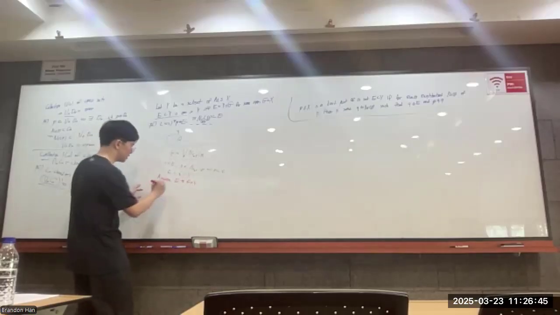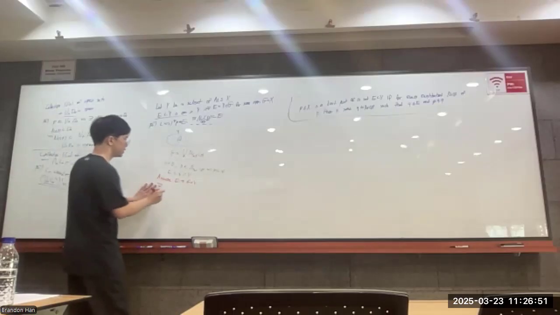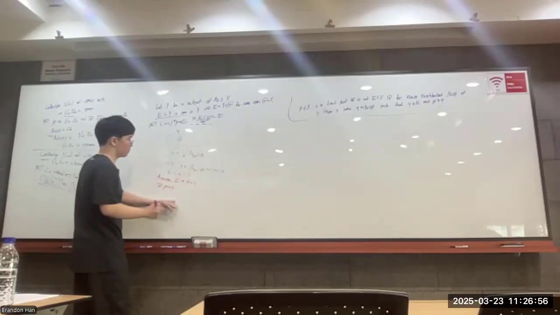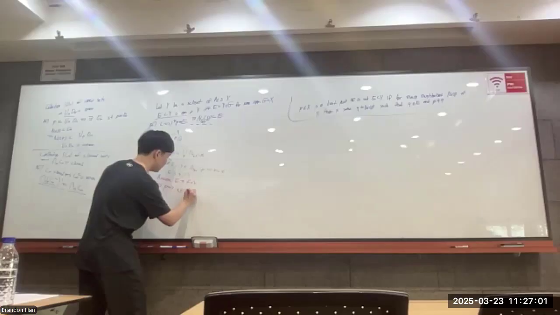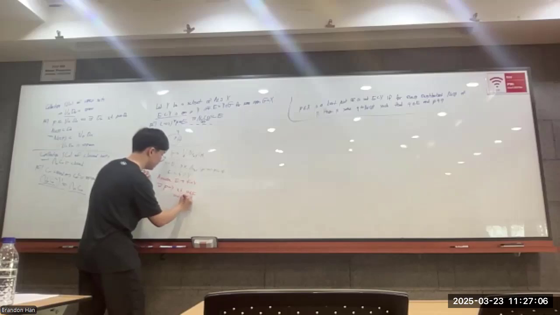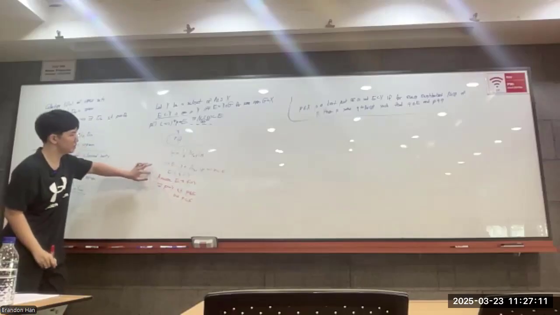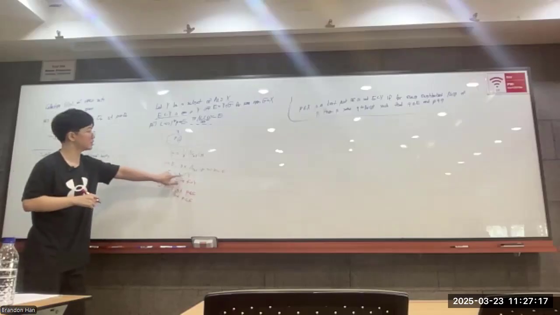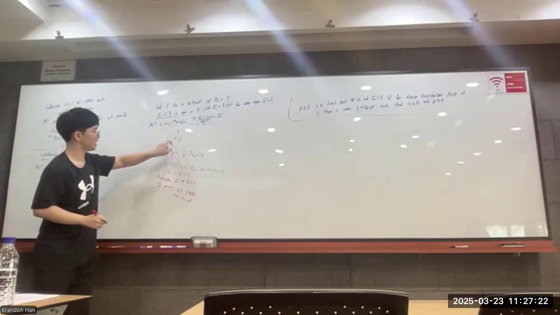And since E is a subset, this means there exists some point P in Y, such that P is not in E, but P is in G. Does this make sense? If we assume that E is a proper subset of this intersection, then there must exist some P in Y such that P is not in E, but P is in this set G.